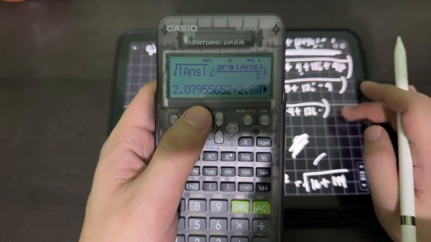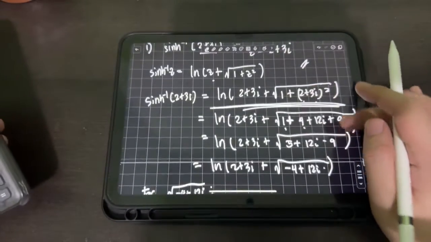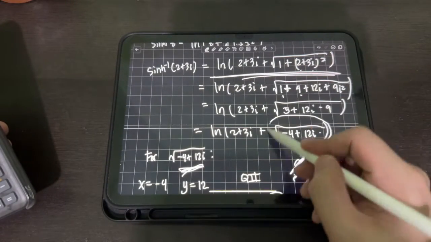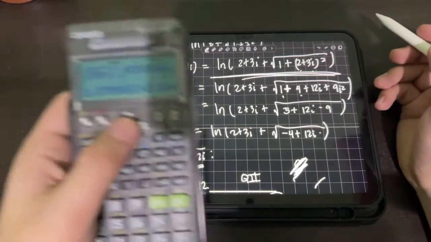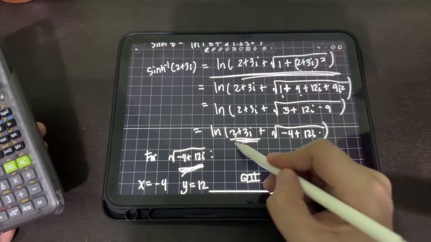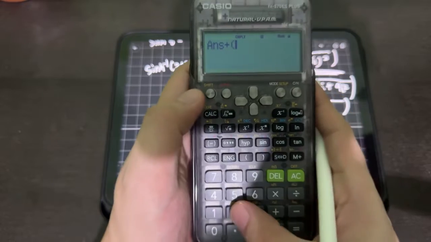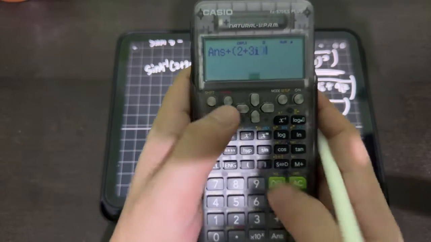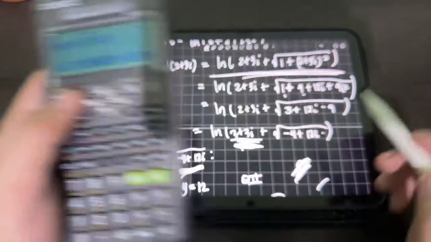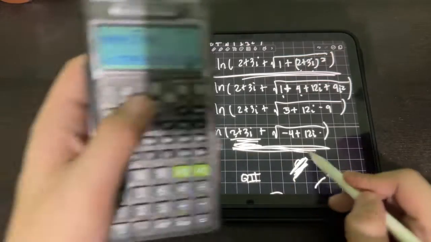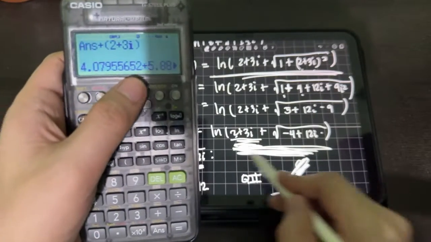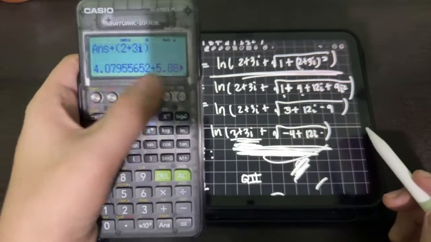So this is the principal square root for this expression. And then you need to add 2 plus 3i, so plus quantity 2 plus 3i, equal. So this expression is now equivalent to this.